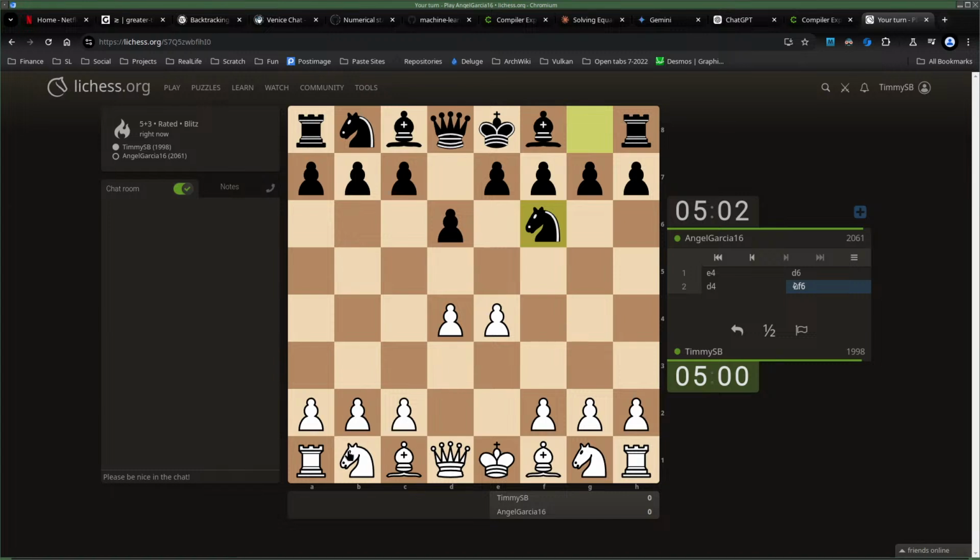Take the center. Defend the center. So he wants to push this pawn and attack my center. So maybe I can do this. He does it anyway. Let's take towards the center.